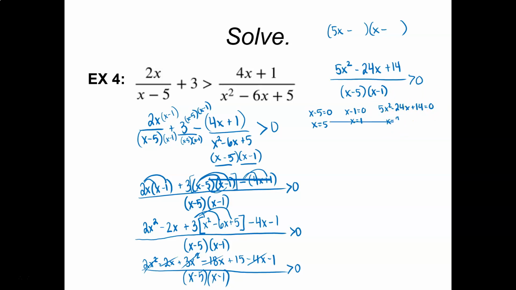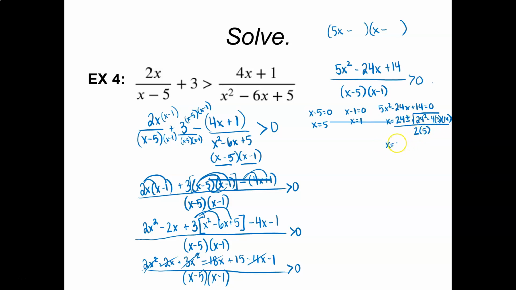We'll have 24 plus or minus the square root of 24 squared minus 4 times 5 times 14, all over 2 times 5.